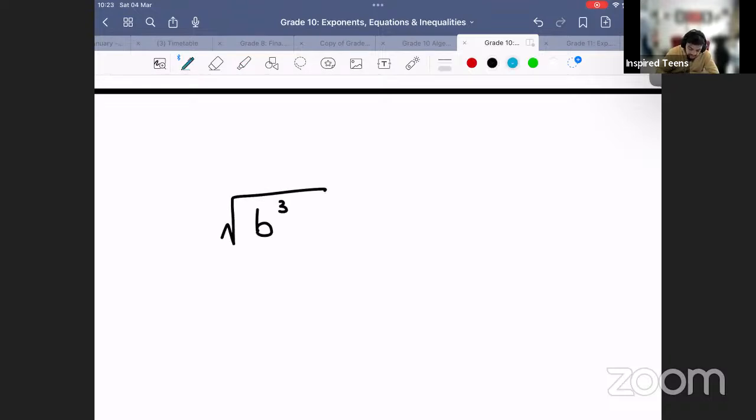Remember, any surd that doesn't have a number here, we automatically assume it's a 2. You keep the base the same, b, and the exponent of the variable inside of the surd becomes the numerator of the exponent outside of the surd, and the denominator comes from which root you are taking. I'm taking the square root, the second root, so that becomes the denominator. So please note fractional exponent, important to know as well.